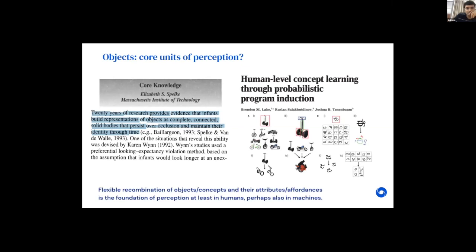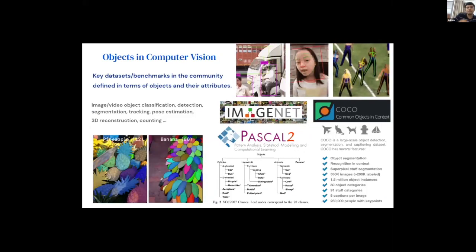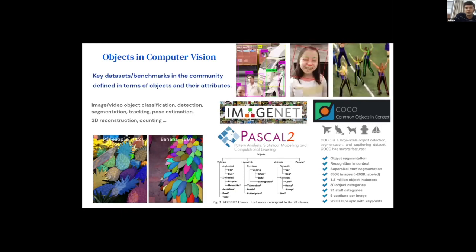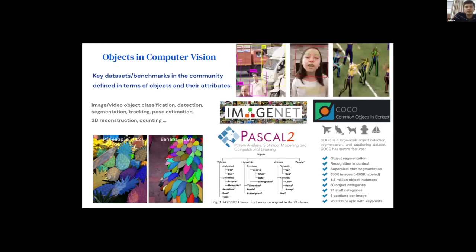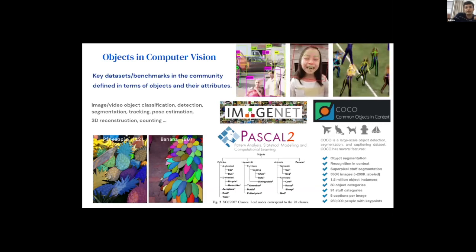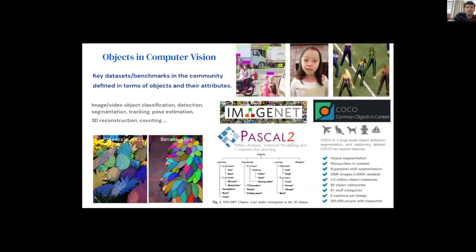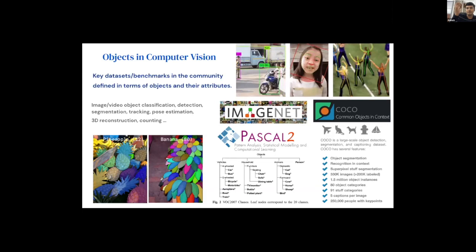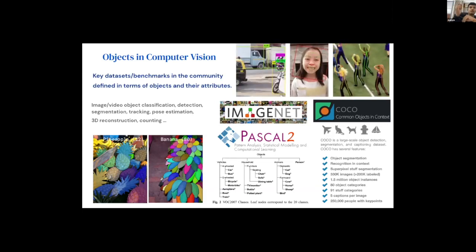With that in mind, we know that the key benchmarks in our community are built on top of objects, starting from object classification to detection, segmentation, tracking, pose estimation, 3D reconstruction, and so on. The fundamental annotation is that of objects.